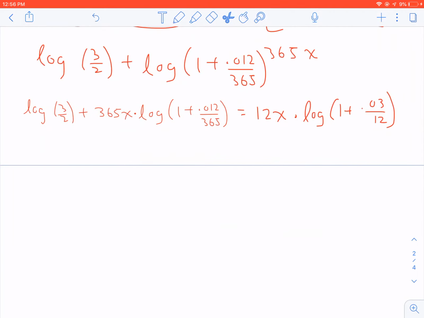We have x's on both sides of the equation, so we want to bring those x terms onto the same side.